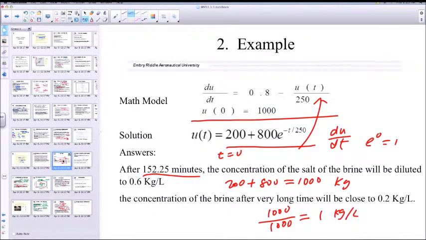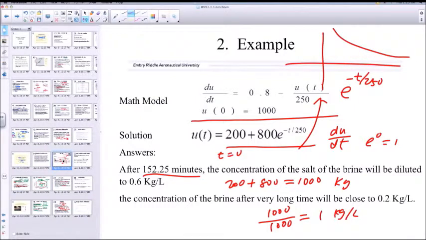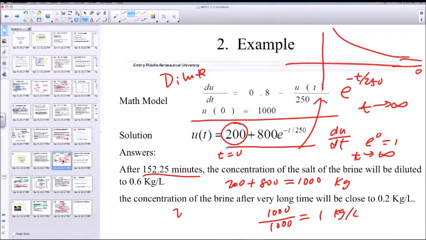Now look again. E to the negative t is a decaying curve. It goes to 0 when t goes to infinity. That justifies your solution will be smaller and smaller. That's what we call dilute. Next, you take the limit t goes to infinity, that term goes to 0, and then you get 200 kilograms inside of the tank.